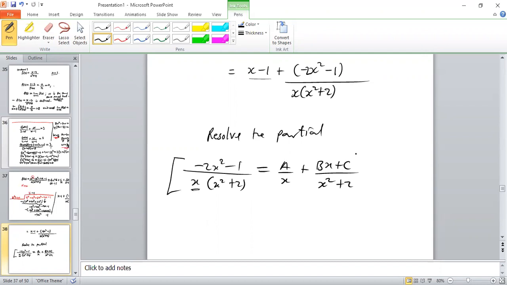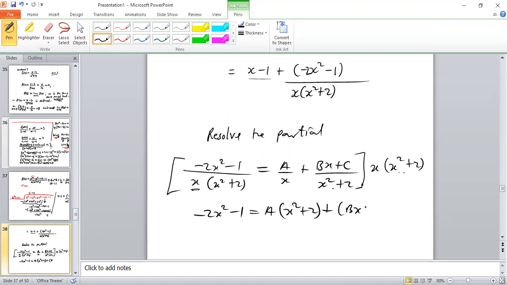So let's do this. We multiply throughout by x and x squared plus 2. When we multiply this by that, this and that cancel, and we remain with minus 2x squared minus 1. Then this will multiply x squared plus 2, plus Bx plus C will multiply x.